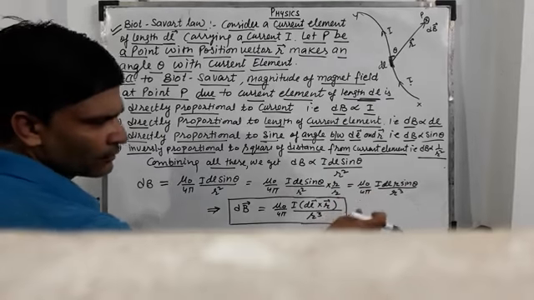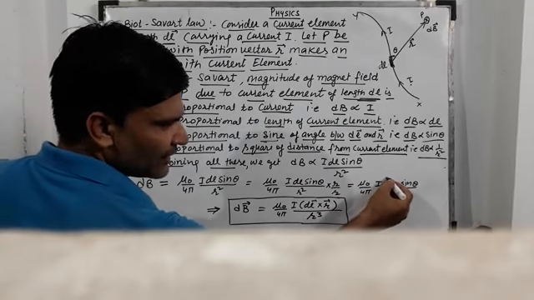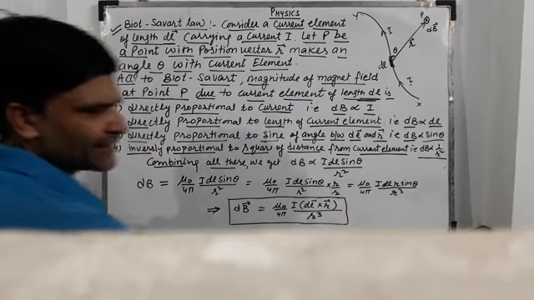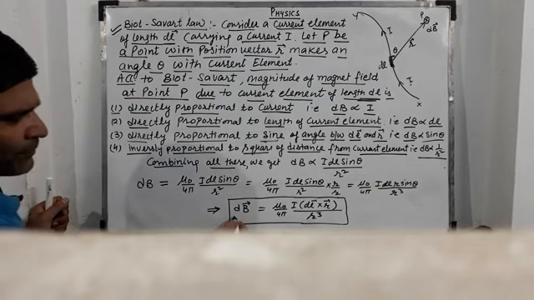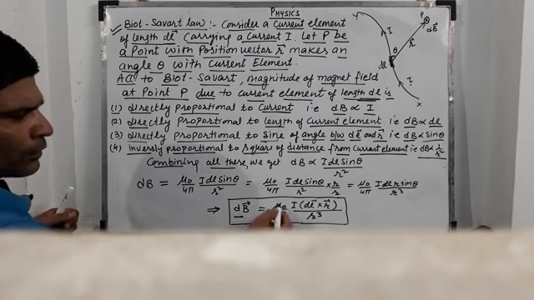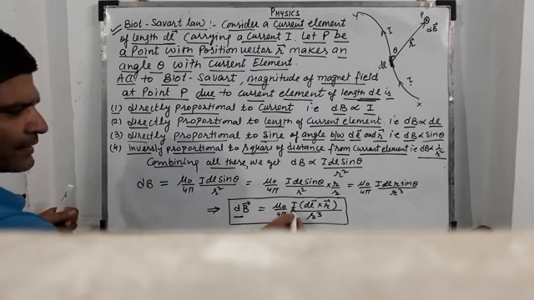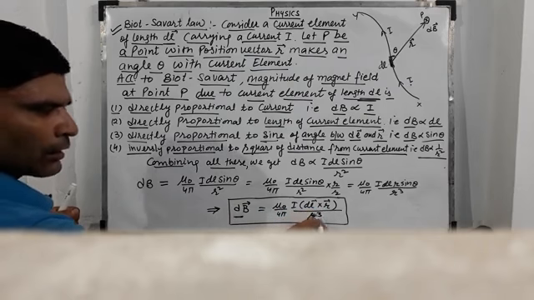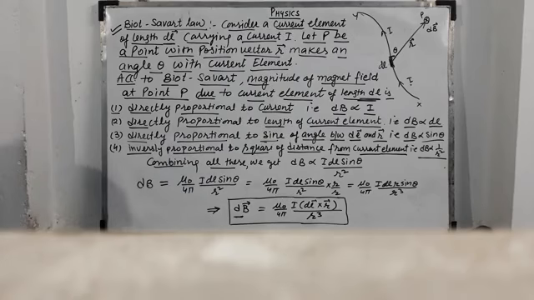Then we have dl r sine theta in the form ab sine theta. So in vector form, dB is equal to mu naught upon 4 pi I dl cross r upon r cube.